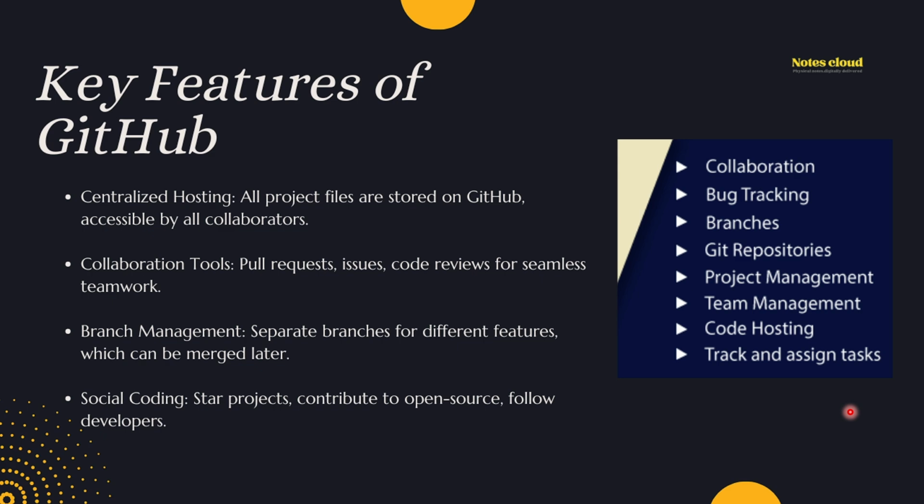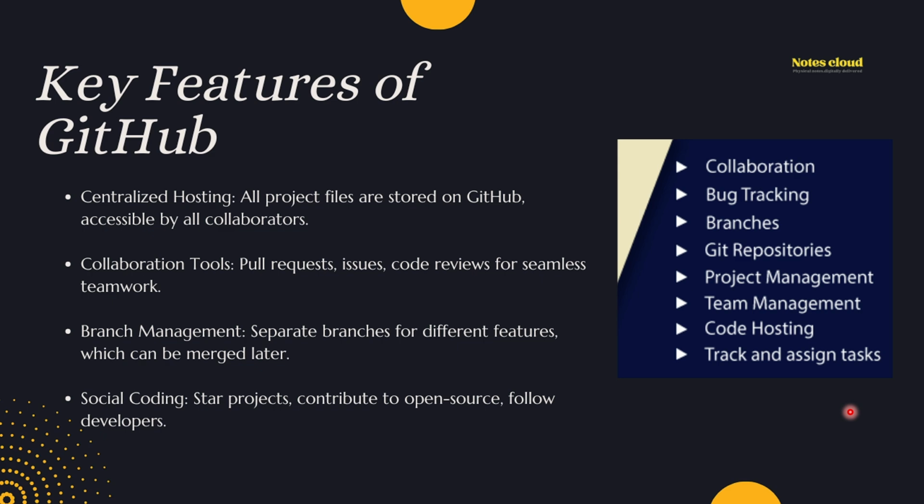Branch management: you can create and manage branches for different project features, which can be merged back into the main project as needed. Social coding: GitHub allows you to follow developers, star projects, and contribute to open source projects, fostering a community of collaboration and innovation.